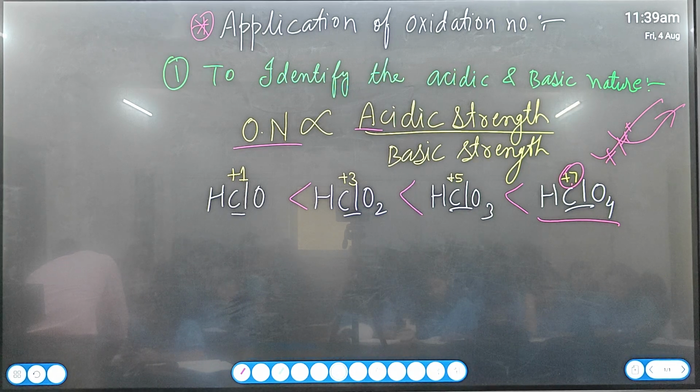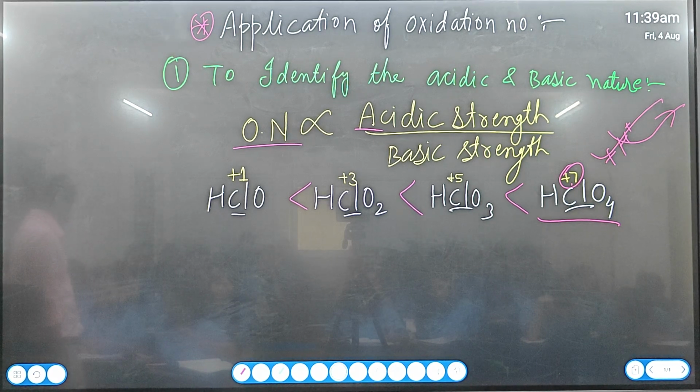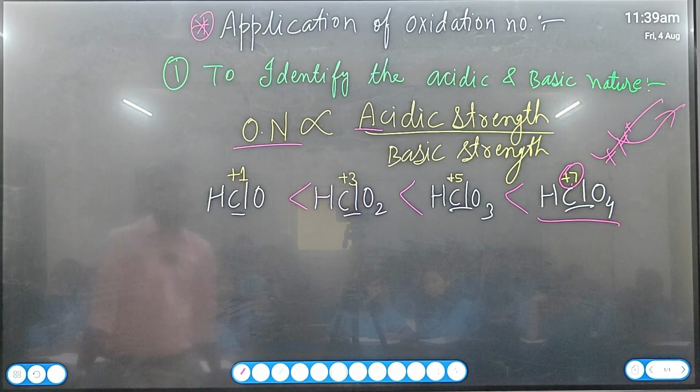But you have to find the chlorine, right? In this case you have to find the chlorine, right? Same as in this case, you know oxygen is -2, right? But you have to find the oxygen itself. Okay, clear? So this data is not applicable there. Clear this one?